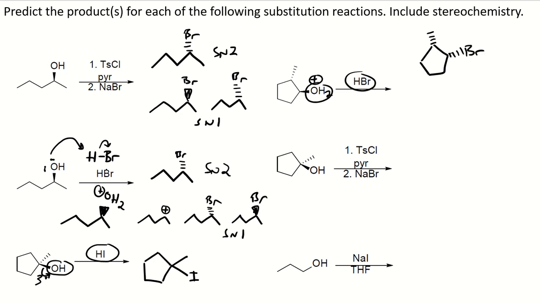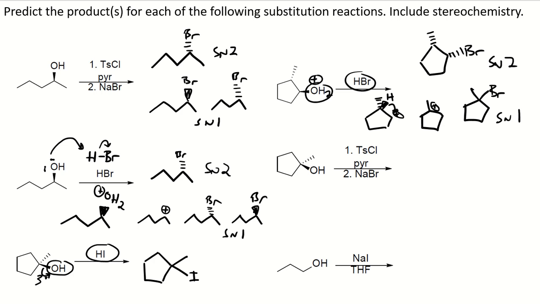If we did SN1, we would have loss of a leaving group, which would form a carbocation here, but then that's a secondary carbocation. We can shift a hydride to make the tertiary carbocation, and then our bromine would add up here. That's no longer a chiral center up there, so we don't have to show dashes and wedges. So this would be the SN2, this would be the SN1 product.